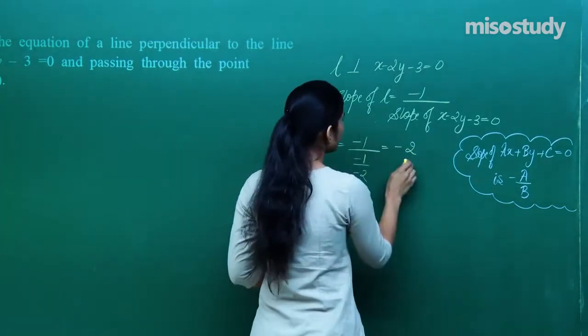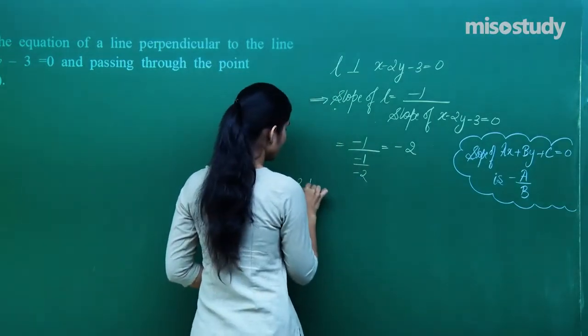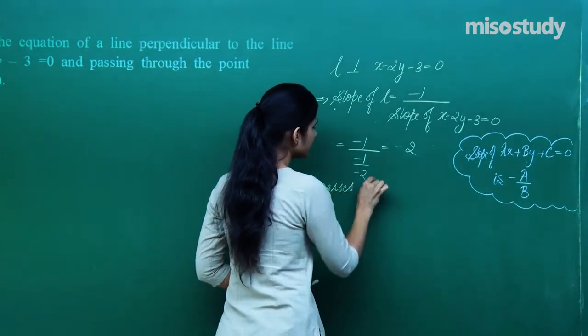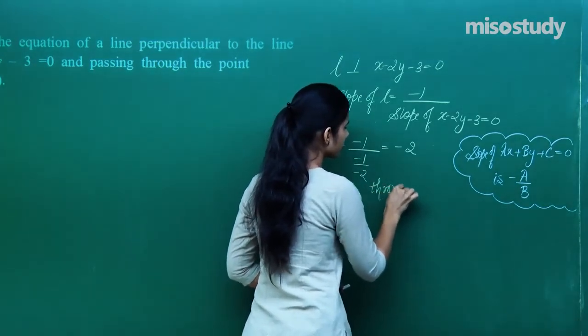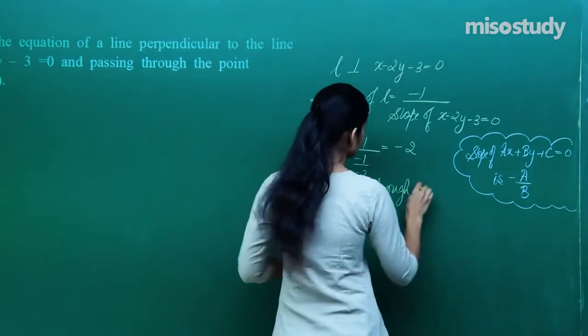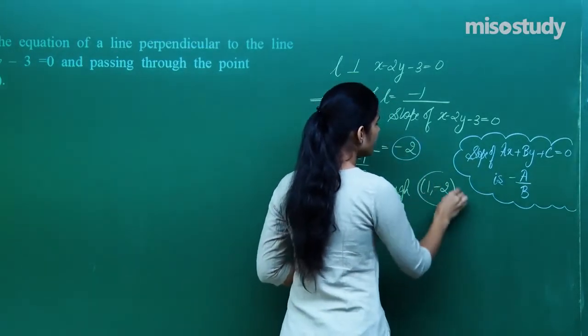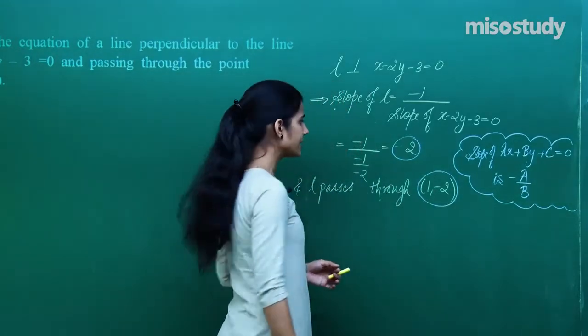Fine. So the slope of line L is minus 2 and L passes through (1, minus 2). Now you have the slope with you, you have the point's coordinates through which the line is passing.